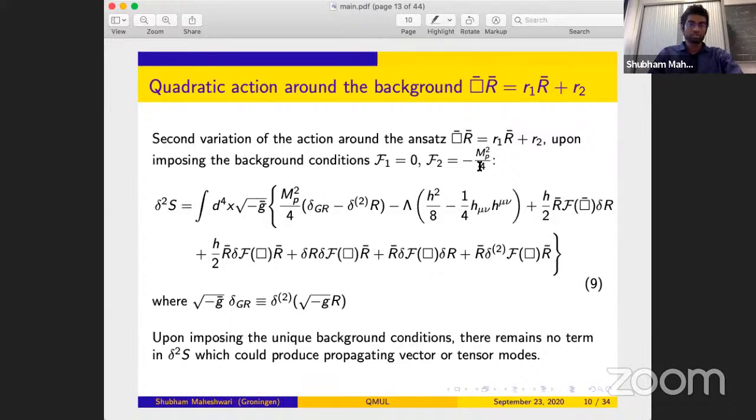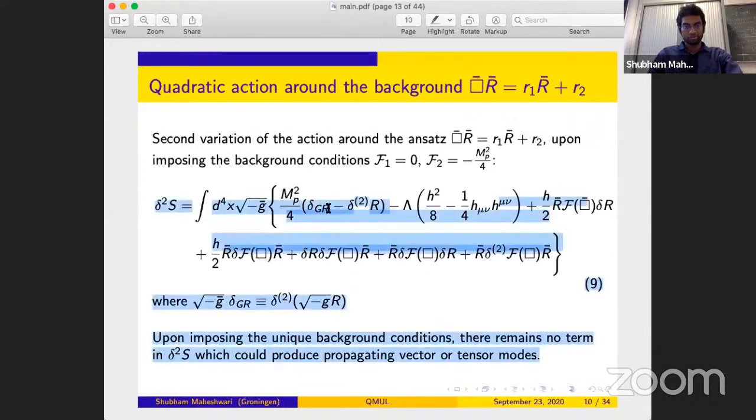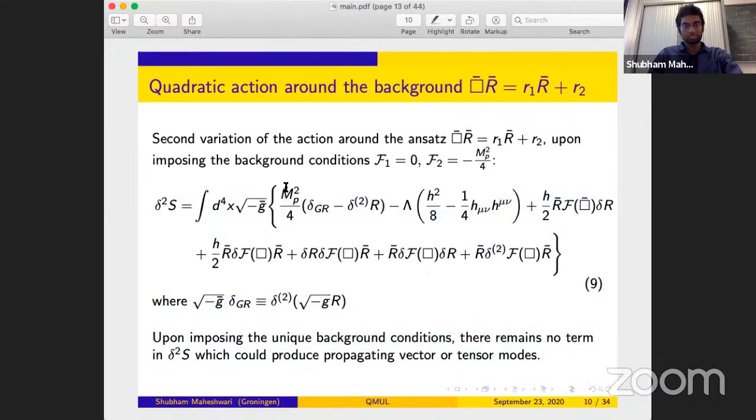But it just so turns out that if you impose these conditions, which just follow from the background equations of motion, then this exactly cancels with this second variation of the Ricci scalar. So any source of propagating vector or tensor modes is exactly cancelled, because they come with the same coefficient and opposite sign.